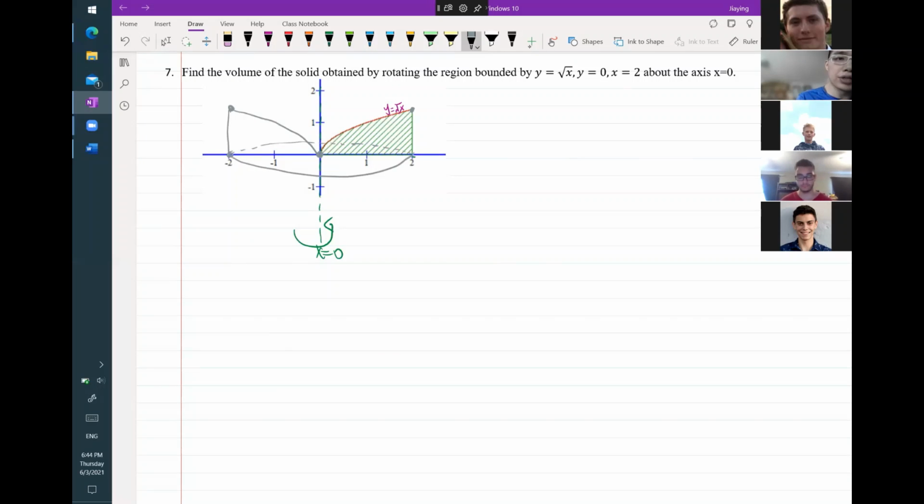And on top, we also get a 3D shape. So if you try to picture this, on the outside, it's a cylinder, right? If you take that vertical line and rotate it around the axis, you get a cylinder on the outside.